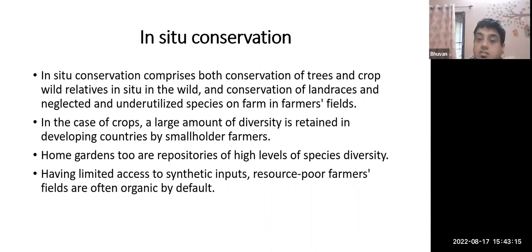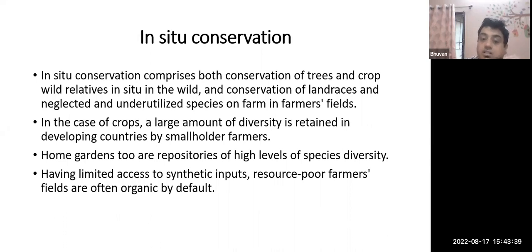They are using them for their own personal use, and also conserving them for future generations. So they play a very important role in in situ conservation of the agrobiodiversity.